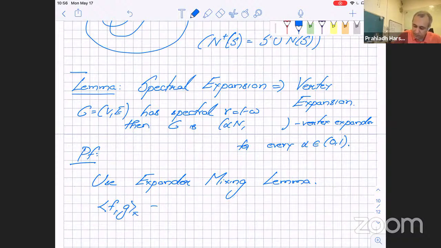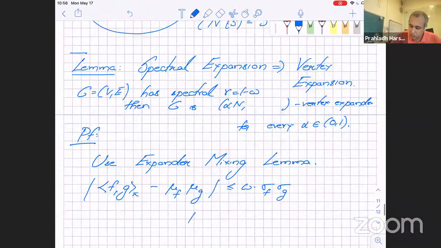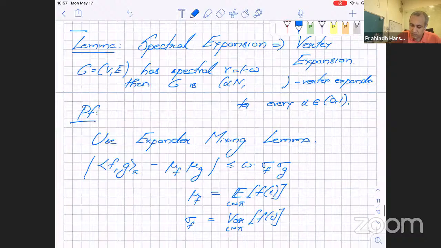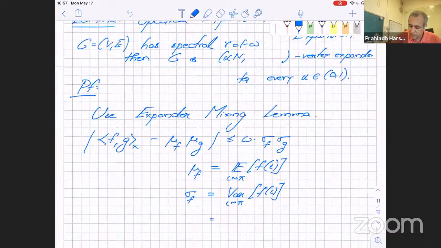The expander mixing lemma said this: mu of F into mu of G is less than or equal to omega times sigma F, sigma G, where mu F is defined to be the expectation of F of I coming from phi, and sigma F is the variance, which is nothing but the expected value of F squared of I coming from phi minus the square of the mean.